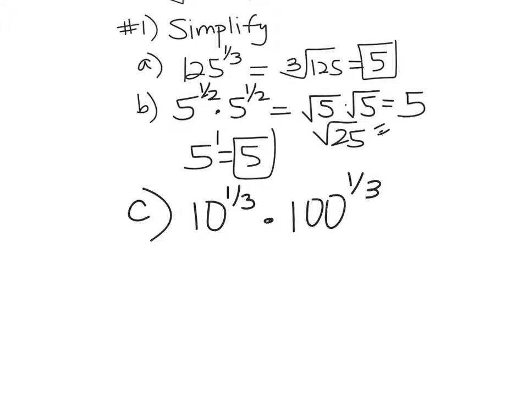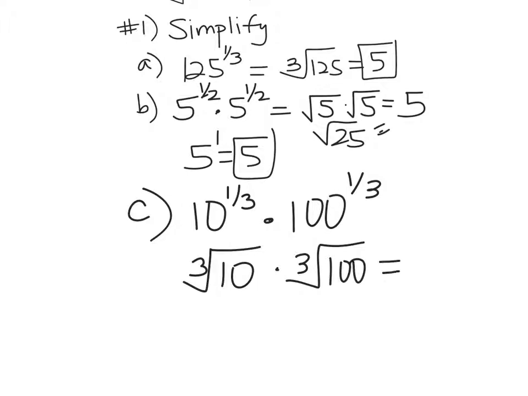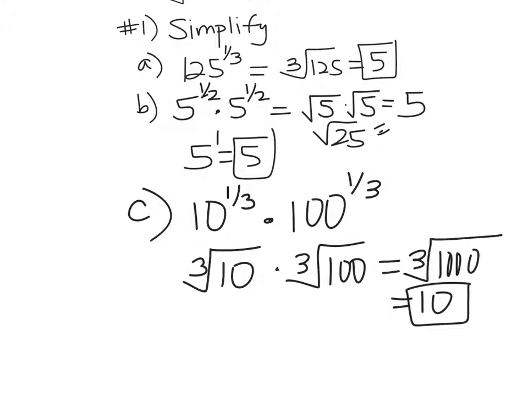So this is the cube root of 10 times the cube root of 100. And since they're both cube roots, we can go ahead and multiply them together. And when you multiply these together, you get the cube root of 1,000. And what is the cube root of 1,000? It's 10.